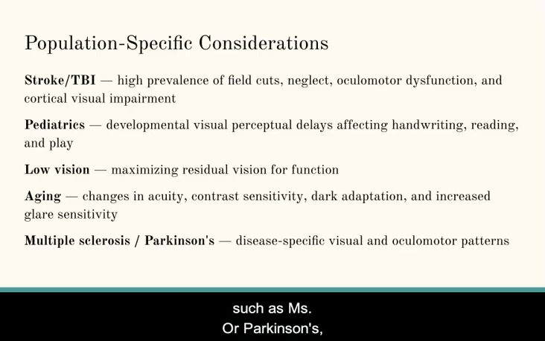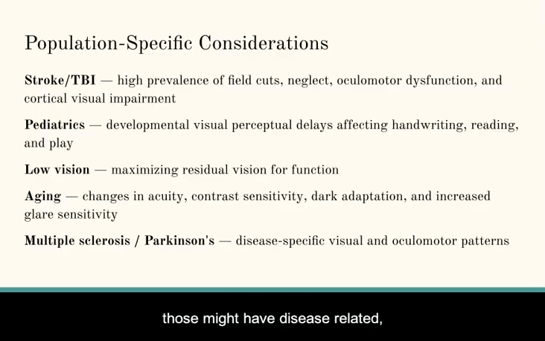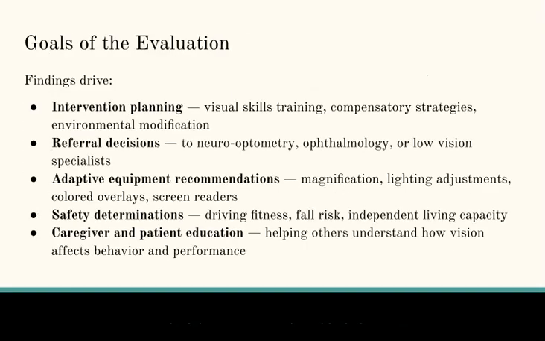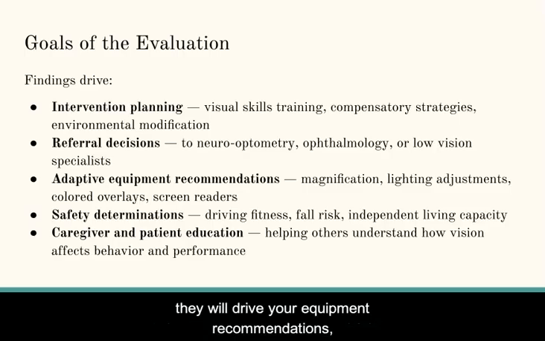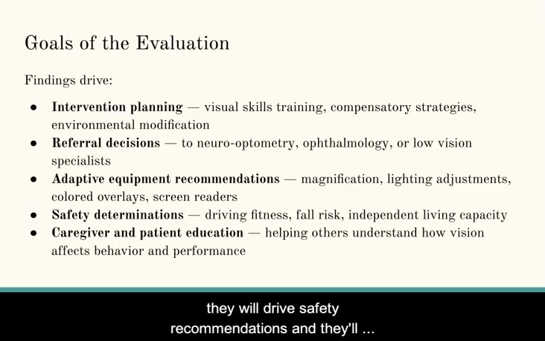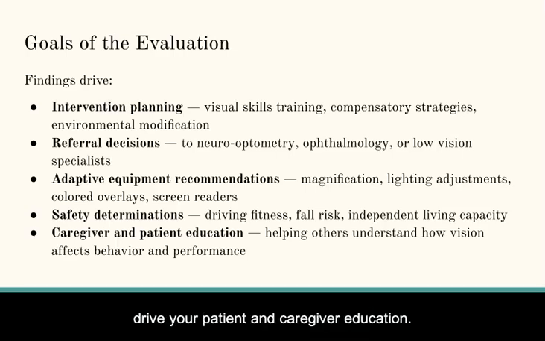Other neurological conditions such as MS or Parkinson's, those might have specific disease-related visual changes. And what are your goals? Findings will drive your intervention plan. They will drive your referral decisions. They will drive your equipment recommendations. They will drive safety recommendations, and they'll drive your patient and caregiver education.